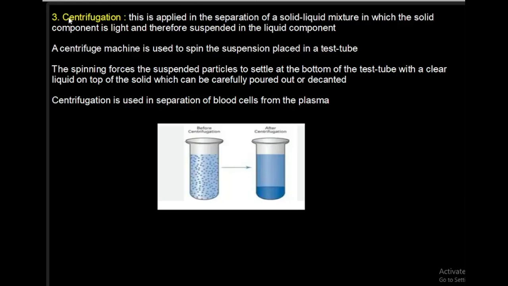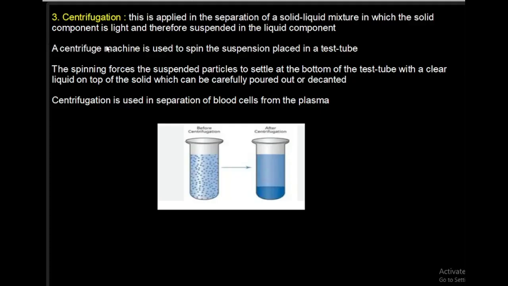Now, number three is centrifugation. This is applied in the separation of a solid liquid mixture, just like filtration and decantation. Centrifugation also involves a solid liquid mixture in which the solid component is light and therefore suspended in the liquid component.